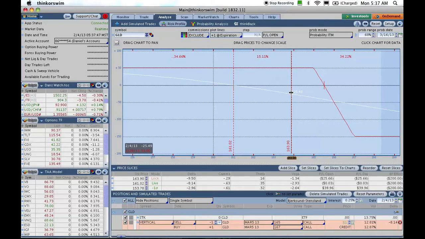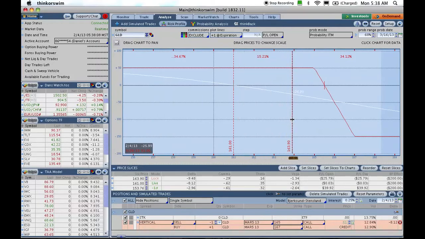And in this particular case, it looks like it's about $25 or so before commissions, obviously. And the credit on this trade that we're going to receive for selling it is 51 cents. And you can also see that down here. At expiration, the maximum credit is 51 cents.